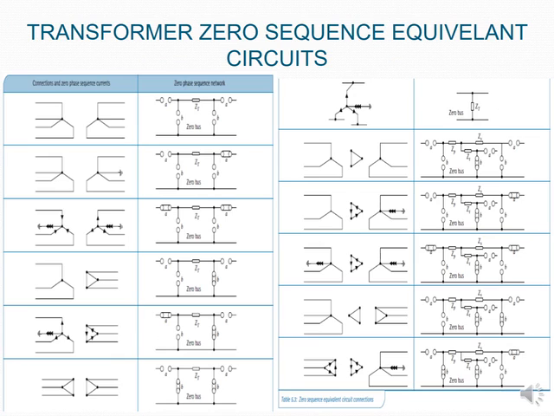Then this is our last slide for this module, and in here I'm showing you all types of zero sequence equivalent circuits for your transformers. So looking at the very first one on our left hand side, if we have a star-star connected network, how would we draw our zero phase sequence?